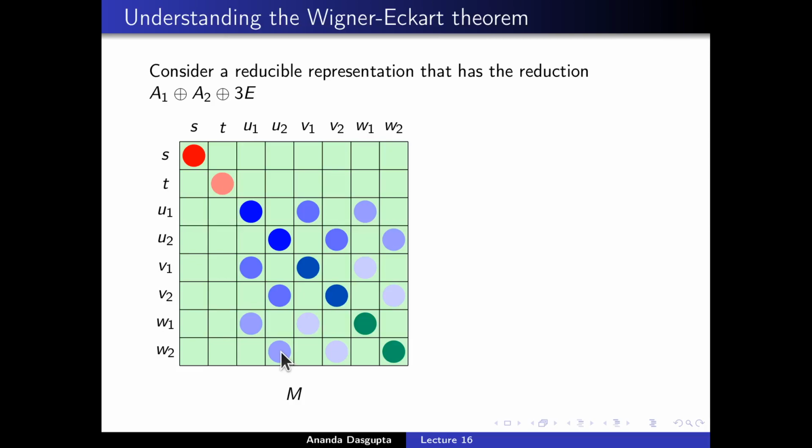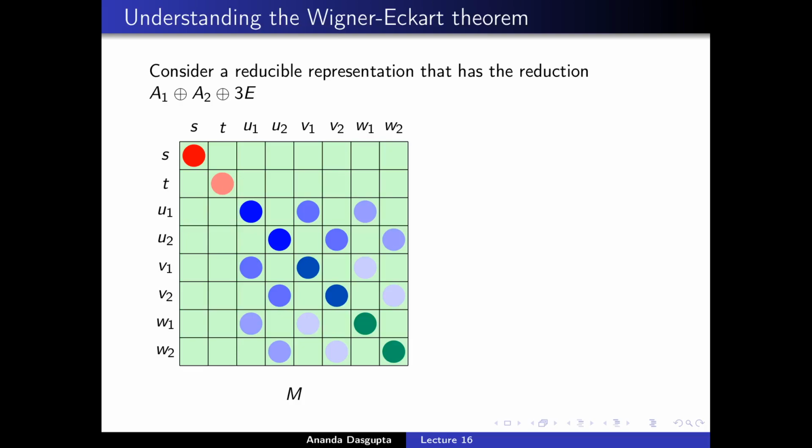Once again, all these are matrix elements between different basis vectors, but the basis vectors transform in exactly the same way because they correspond to the same irrep, and not only that, they're in the same position in the ordered basis for the given irreps. Going along the same lines, <W1|M|V1> and <W2|M|V2> may be non-zero and would be equal to each other. Similarly, <V1|M|W1> and <V2|M|W2> would also be the same and complex conjugate to the last two.